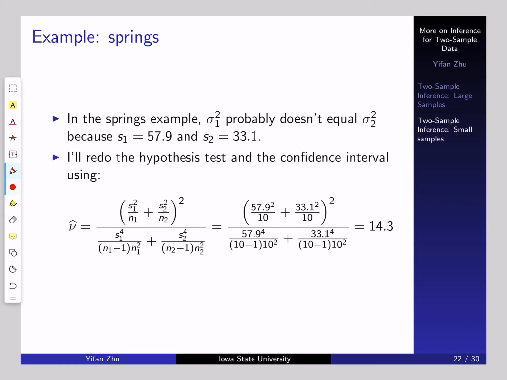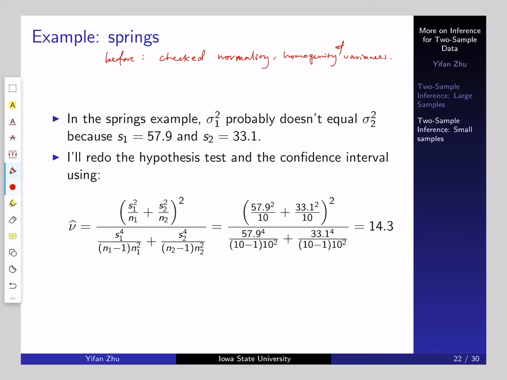Although we have already checked, according to the normal QQ plot before, that both samples are normal and the variances are the same.